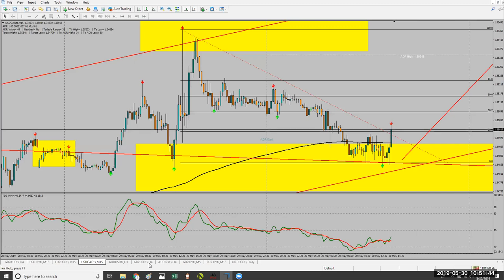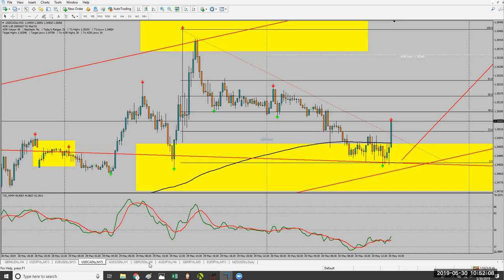Stop loss is at 0.64724, and take profit is at 0.65255. There we go. I just posted that one in the group.